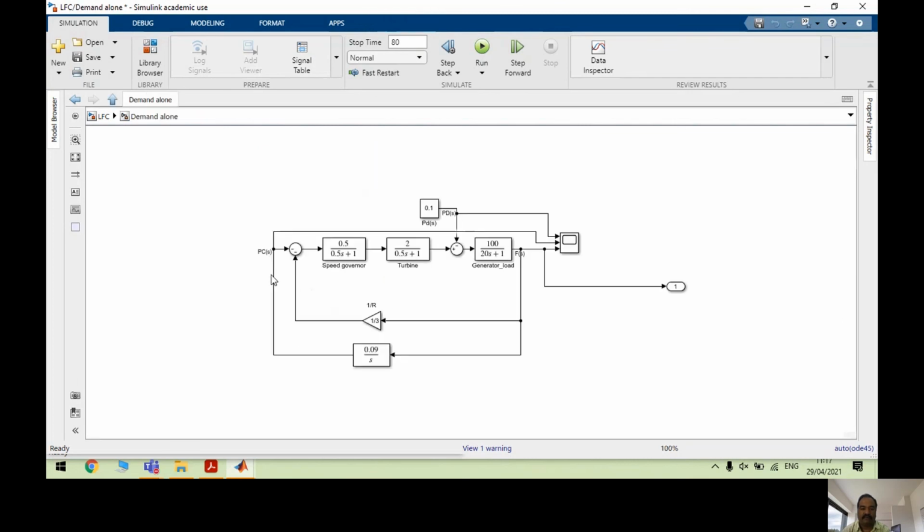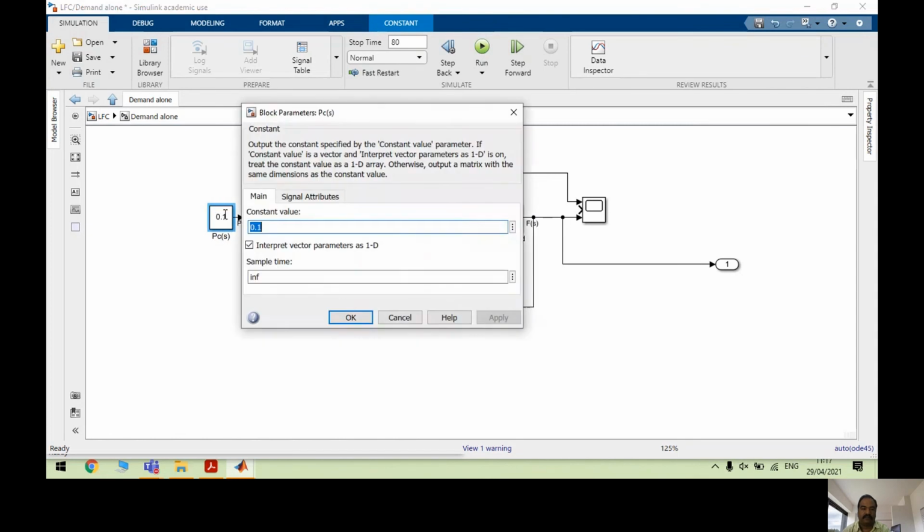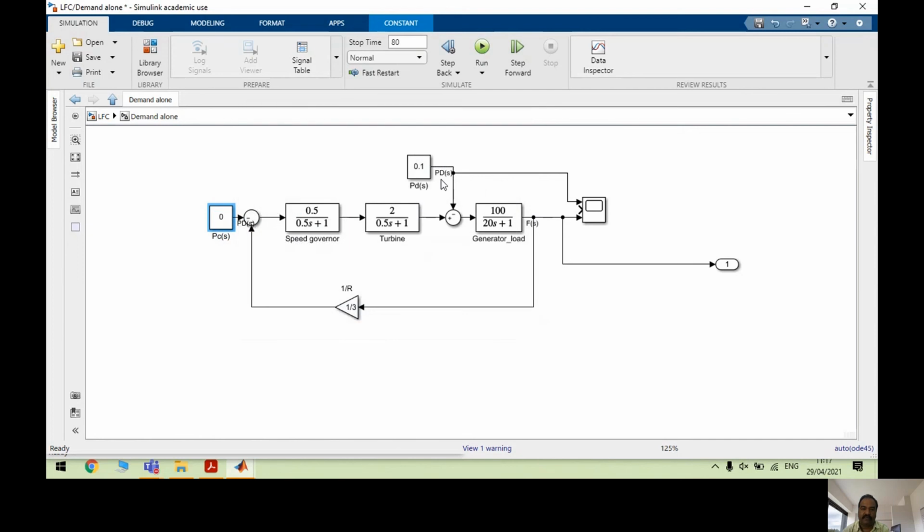First, let's see, I'm going to remove this controller because what I need is this is PC of S, and this value is going to be 0. Only there was a demand, and this is the demand PD of S, okay? And the signal is going to be PC of S, okay?